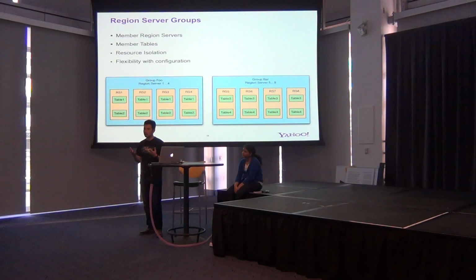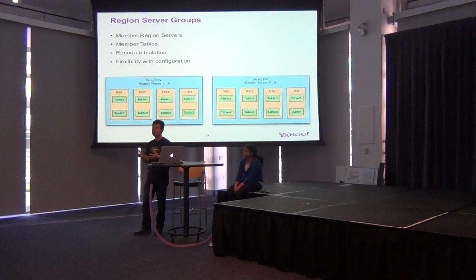So what we did, and we're contributing this feature to HBase, is that you can designate a subset of the region servers as a group, and you can assign members of the table to a region server group, so that this subset of region servers will be specifically serving those tables. Therefore, we guarantee those region server resources to a tenant. So there's that level of isolation between tenants.